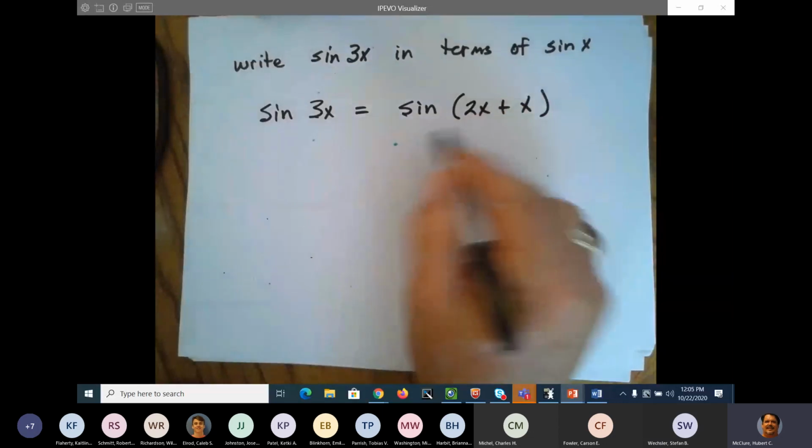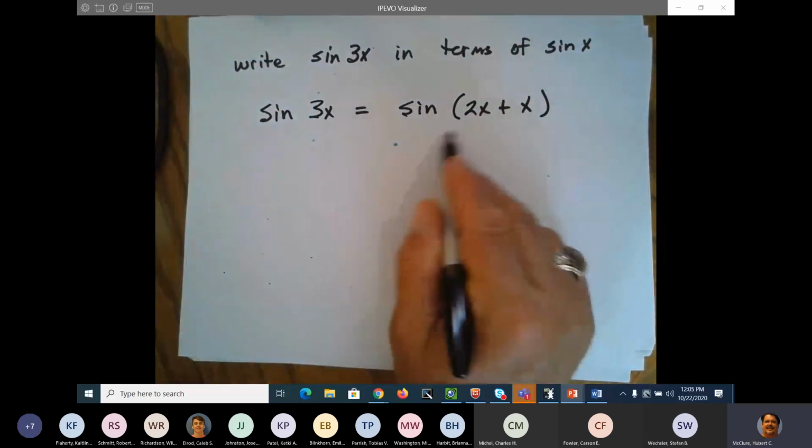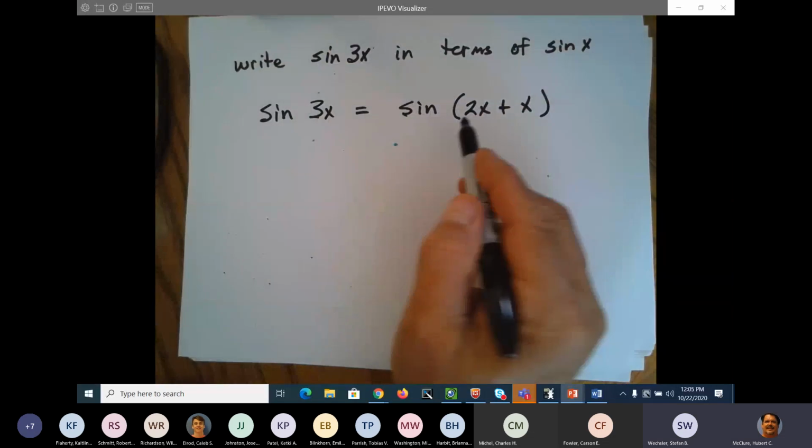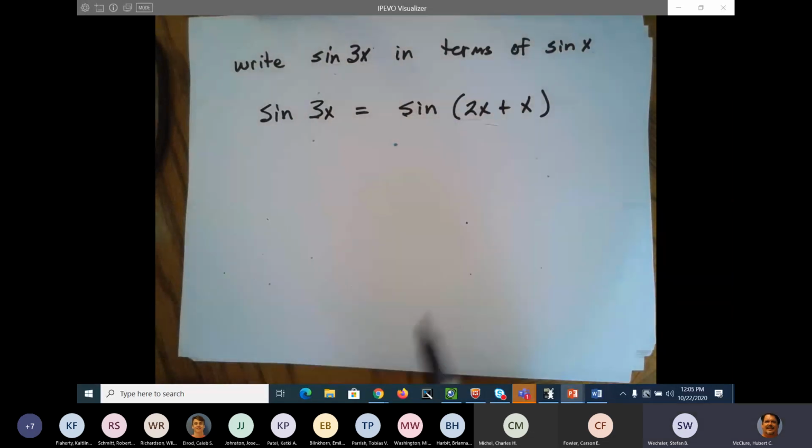Now use this right side over here to see what you come up with on this. Yeah, you're going to use sine of 2x and sine of x.